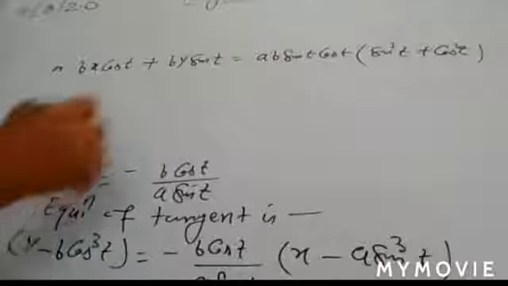So you have sin square t plus cos square t, which is equal to 1.